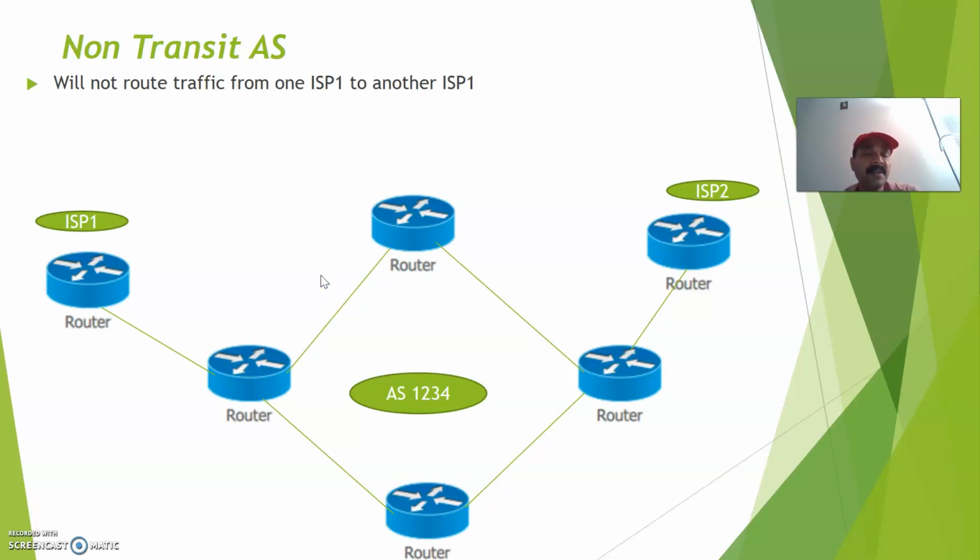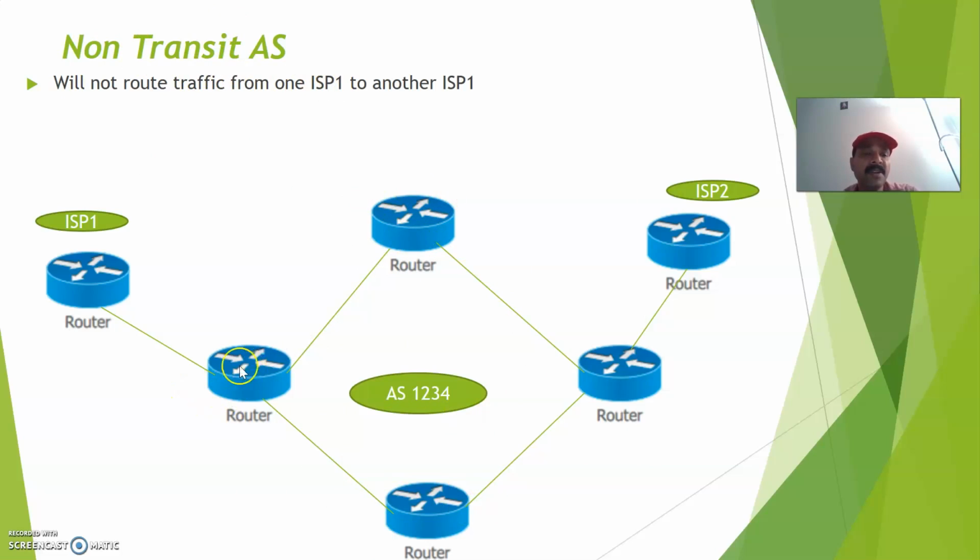What is a non-transit autonomous system? It will not route traffic from one ISP, ISP1, to another ISP, ISP2, right? In that scenario, we have to run a full mesh IBGP neighbor relationship. That means all these routers will run a full mesh IBGP neighbor relationship. Each and every router will be in a full mesh relationship with all other routers within a single autonomous system. So always in a non-transit AS we have to run a full mesh IBGP neighbor relationship.